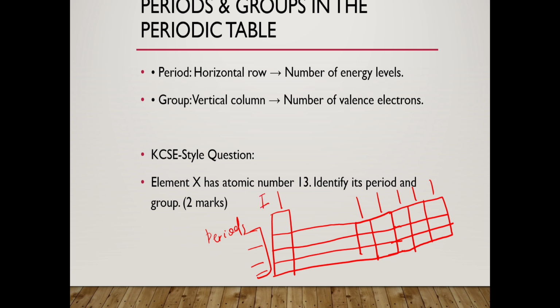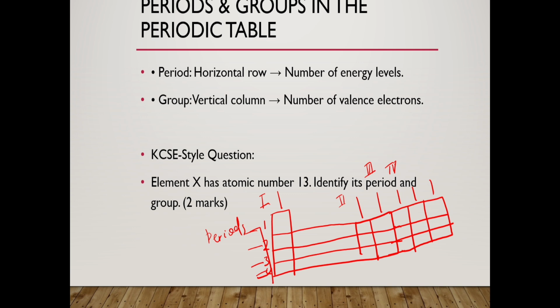So you can have group I, group II, group III. Make sure groups are written in Roman numerals, group IV, and so on. For the periods, you write them as numbers: period 1, period 2, period 3, period 4. That's just an example. So the horizontal rows represent the periods, but they also represent the number of energy levels.